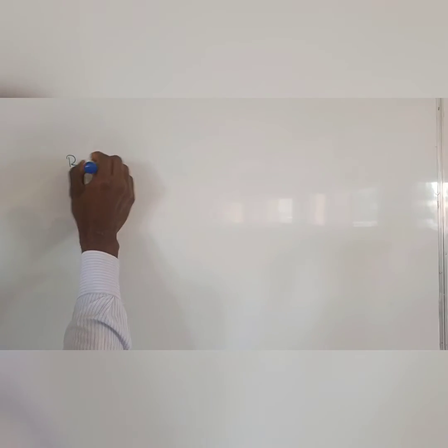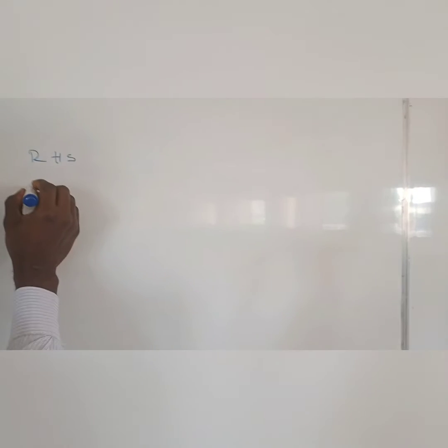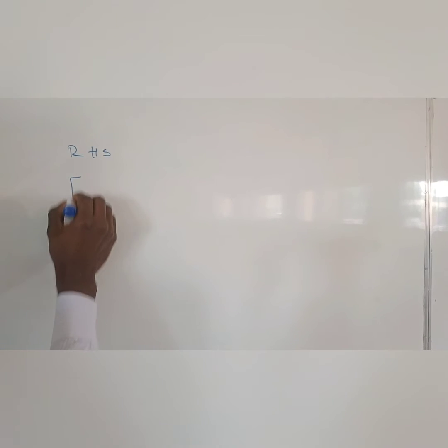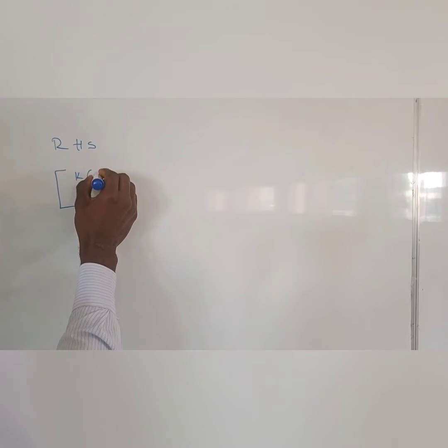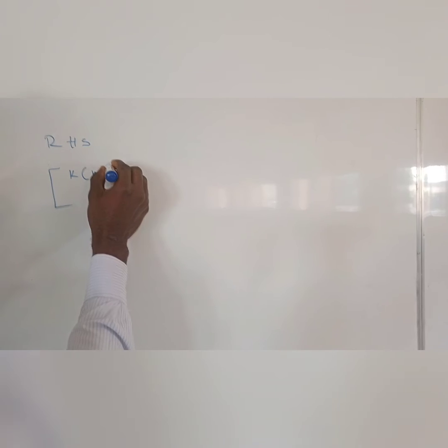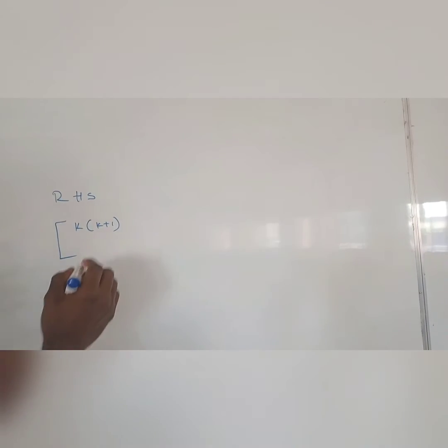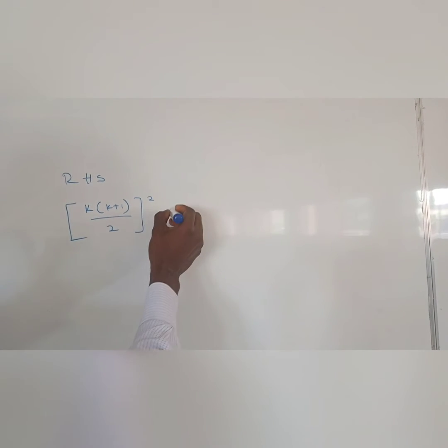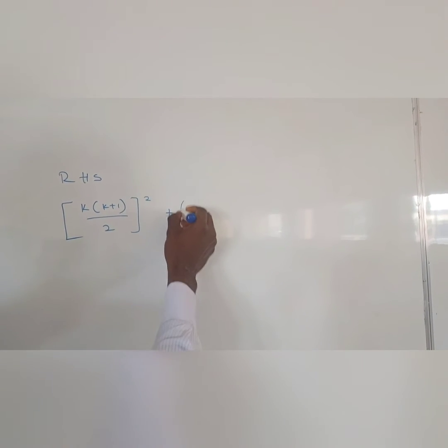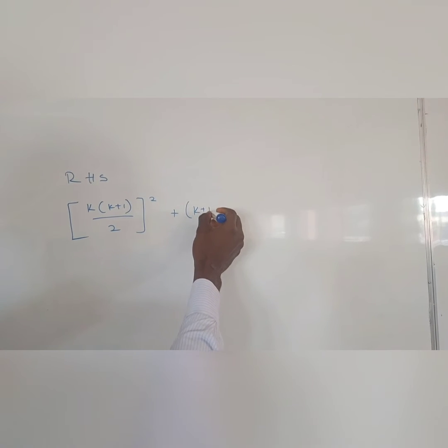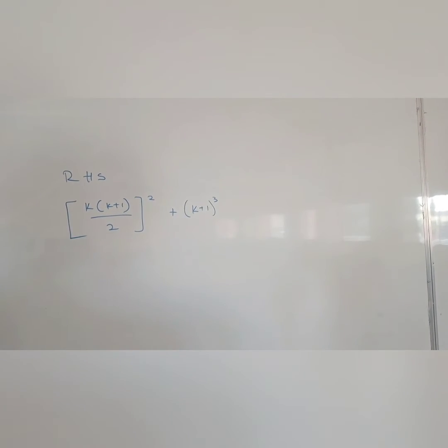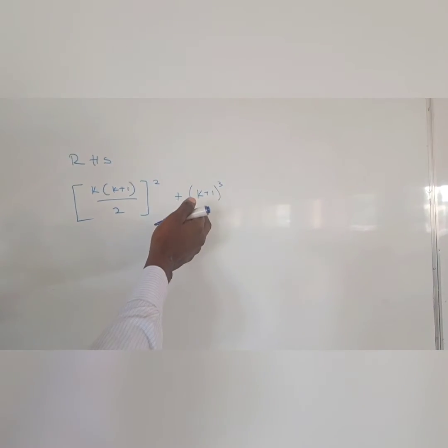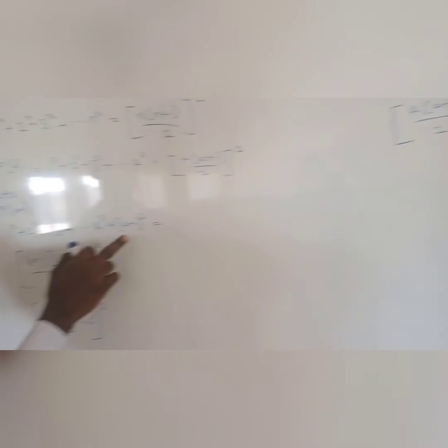Solving for the right hand side, we're going to sum k(k+1) all over 2 squared, plus (k plus 1) to the power of 3. Now this is coming from this.